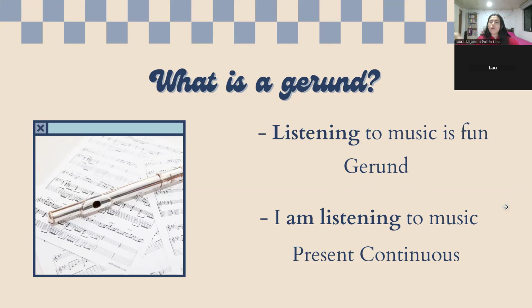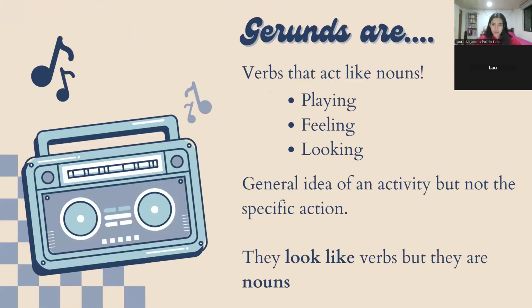So we're going to talk about what is a gerund. Gerunds are verbs that are not verbs. So they are verbs, but they act like they are nouns, okay? So we have here some examples of these verbs. We have playing, we have feeling, and we have looking.